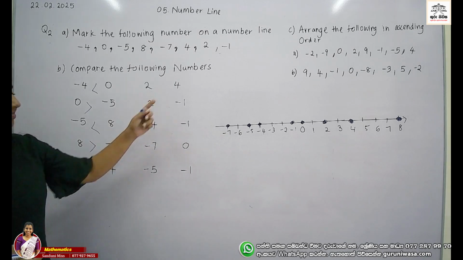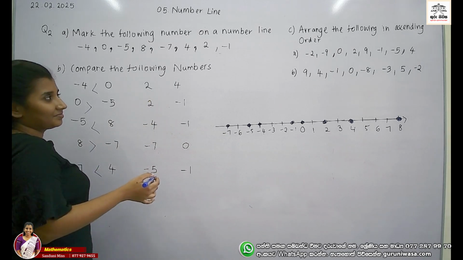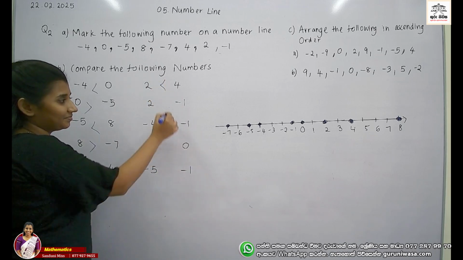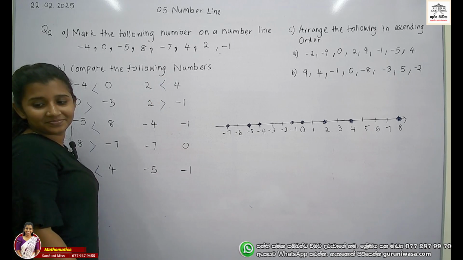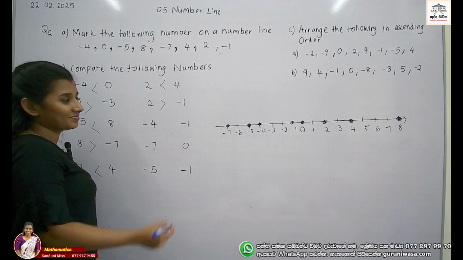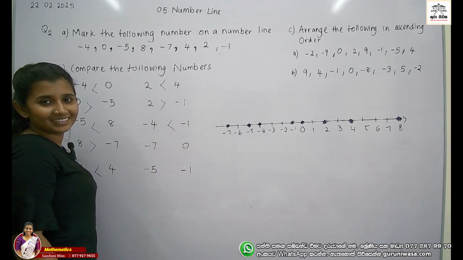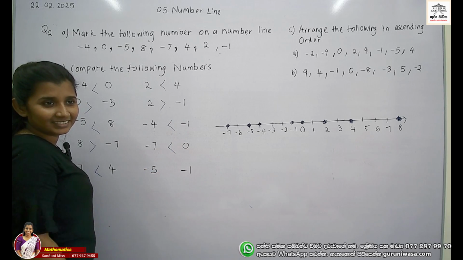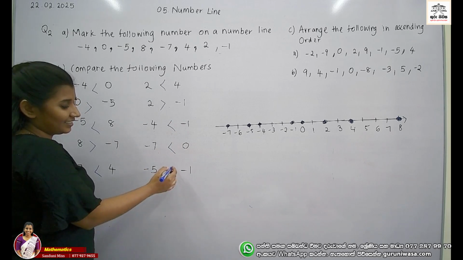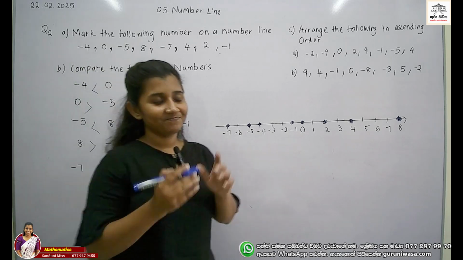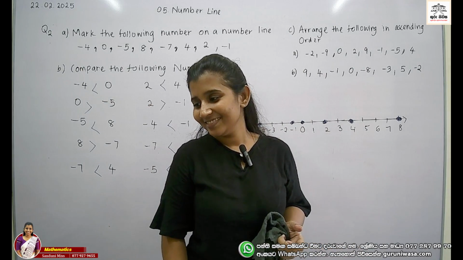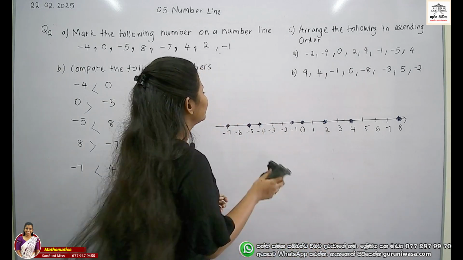Next. 4. Next. 2. Yeah. Negative 1. Yeah. 0. Negative 1. Correct. Okay. Right.